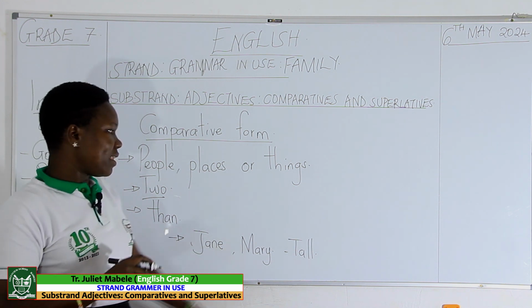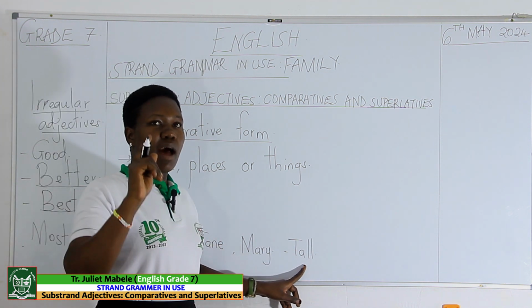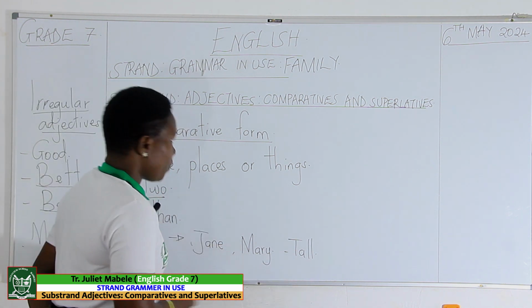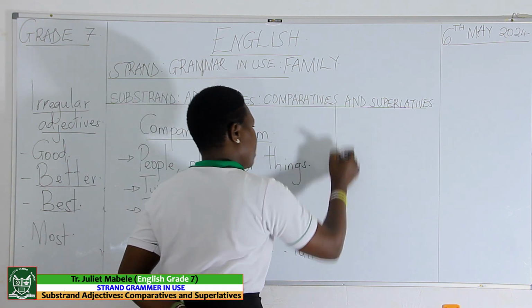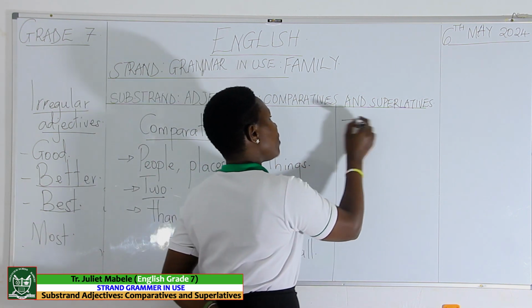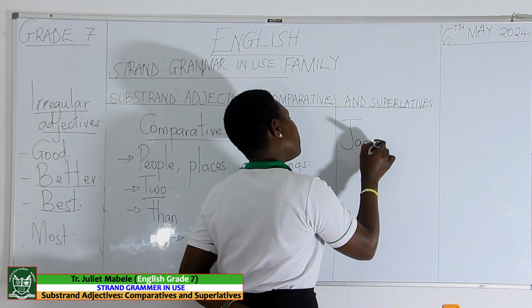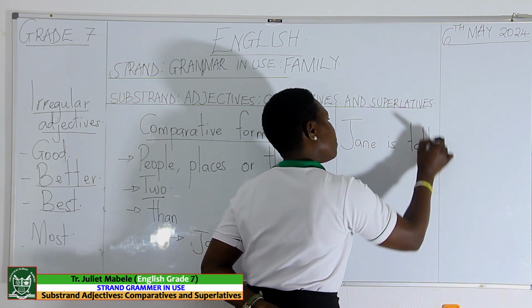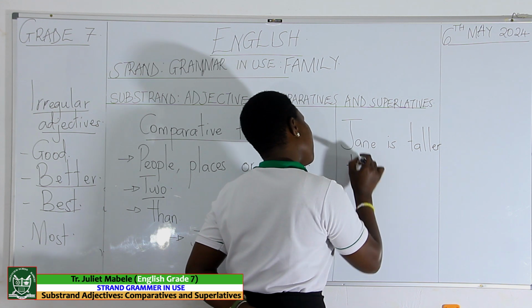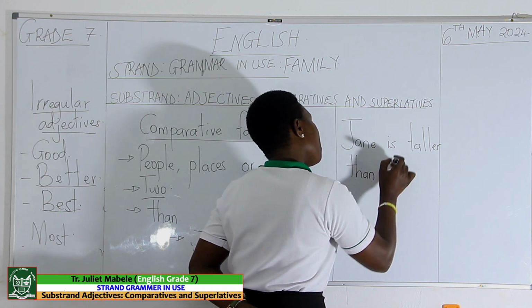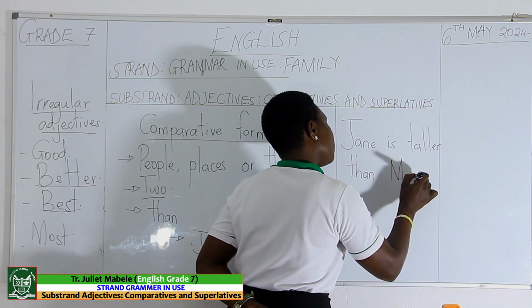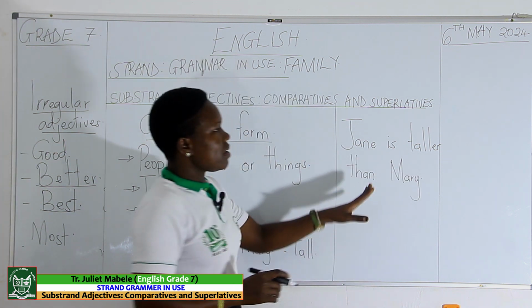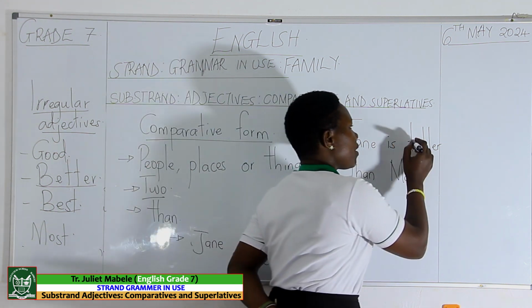Keep in mind that the adjective tall is a regular adjective. So let me have this sentence here. I'll say, Jane is taller than Mary. Jane is taller than Mary.